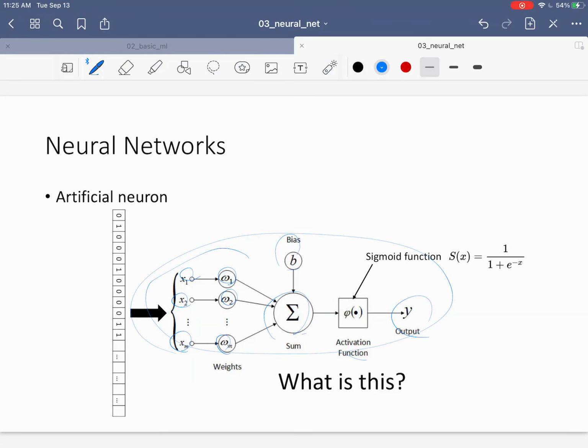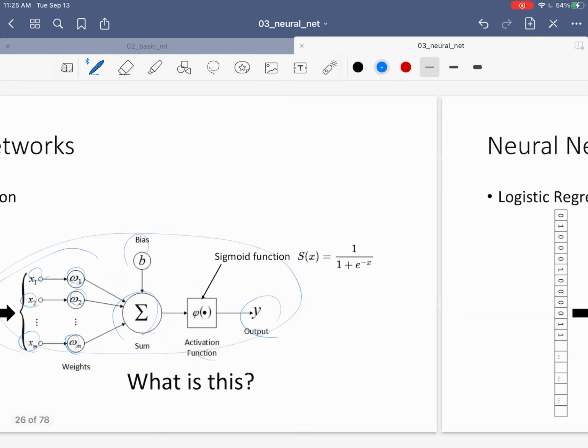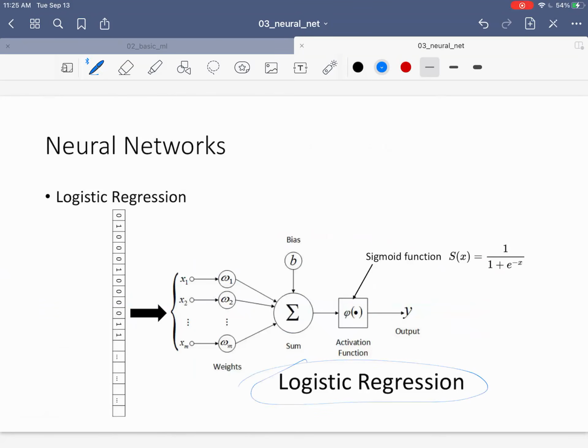The answer is, you can go to the next slide, but this is exactly the same thing as logistic regression. You can assume that this is an x vector, this is a w vector, and then summing up would be w transpose x, and then there's a bias b here.